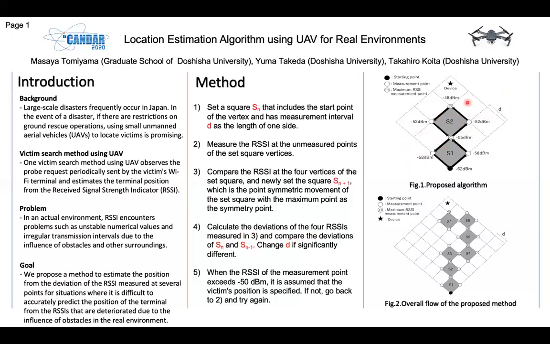Change d if significantly different. 5. When the RSSI of the measurement point exceeds minus 50 dBm, it is assumed that the victim's position is specified. If not, go back to 2 and try again.